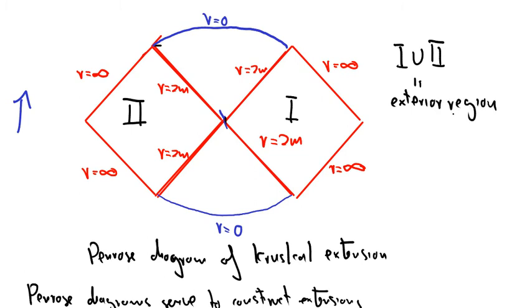So yeah, exterior of what? Well, exterior of an interior, which is going to be a black hole. And why do I say that this is a black hole?